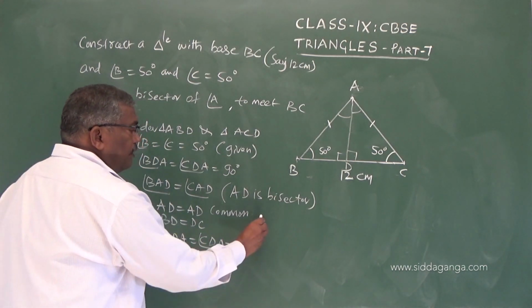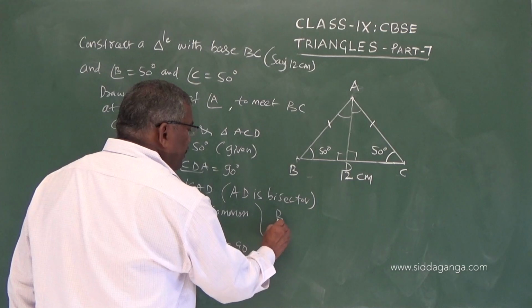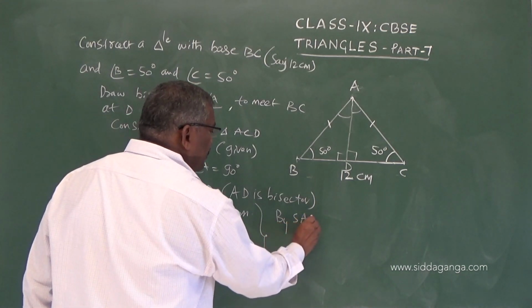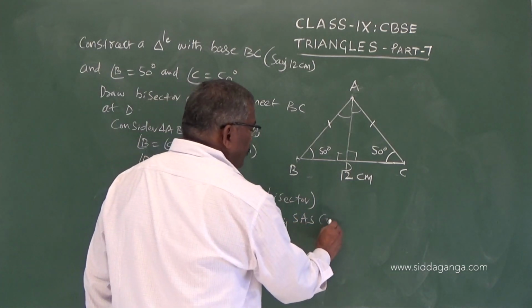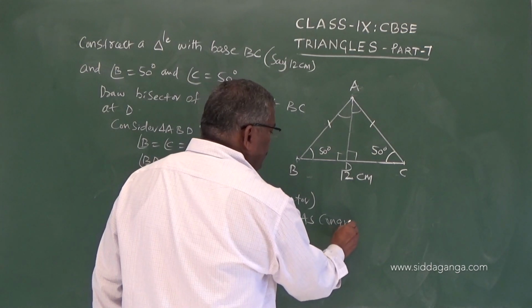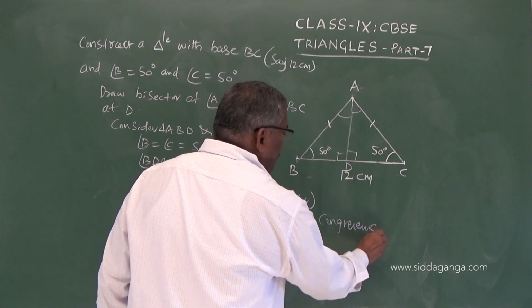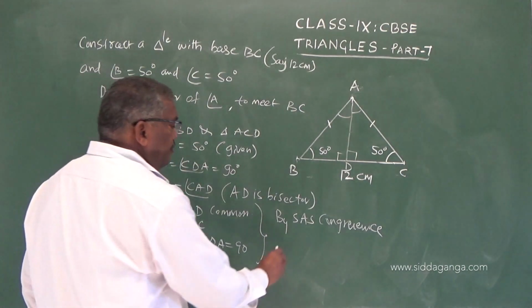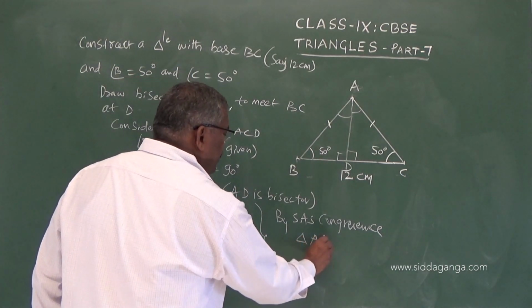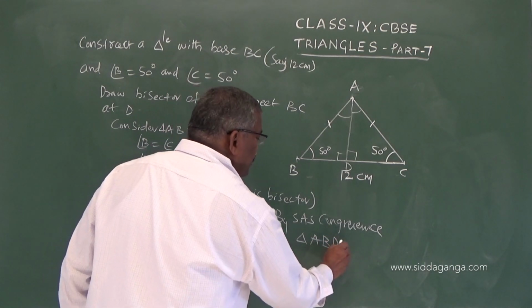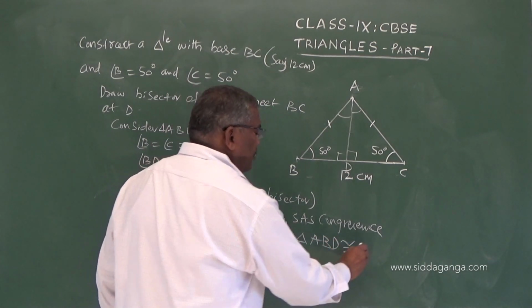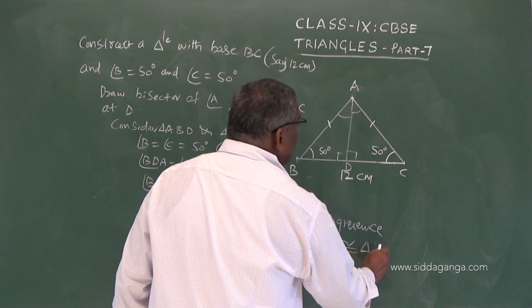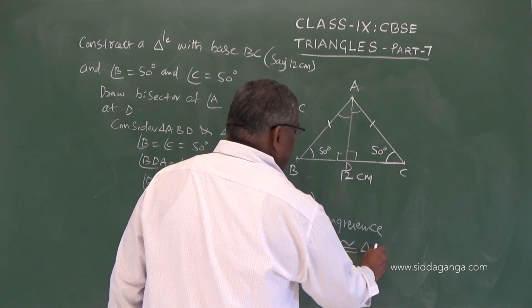So therefore by SAS congruence, triangle ABD is congruent to triangle ACD.